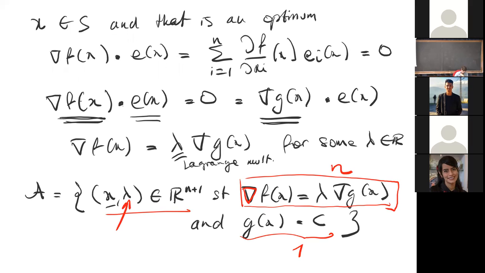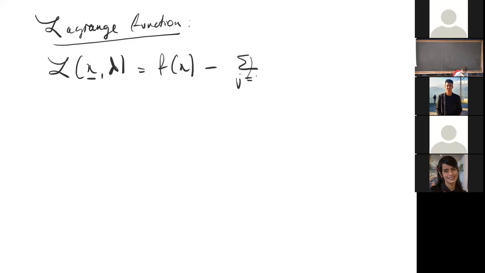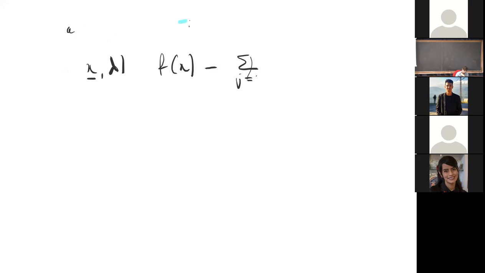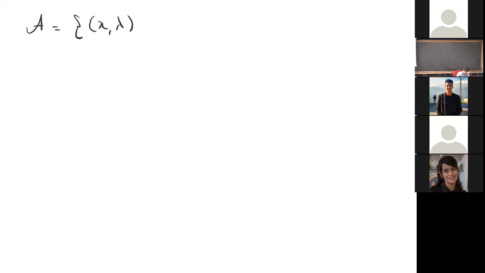By the way, when you have more than one constraint, you can generalize the argument that we did, and what you obtain is that the set of solutions is given by the points (x, lambda), where both are vectors, belonging to R^(n+m).